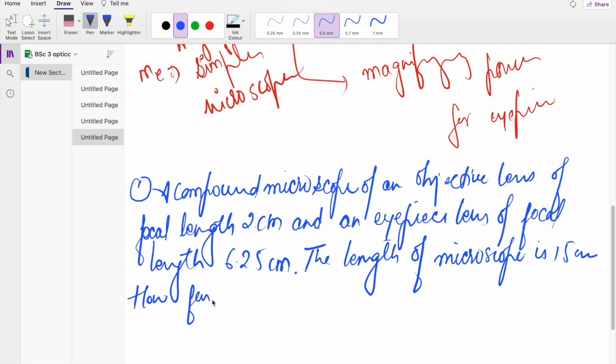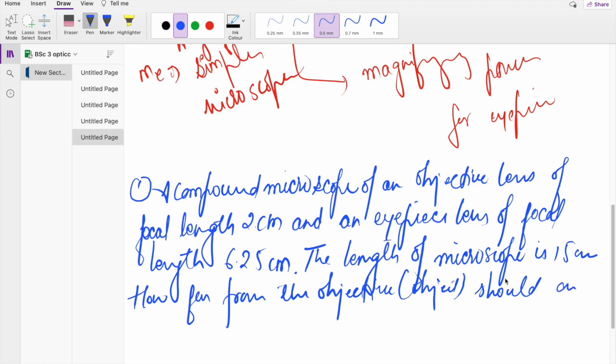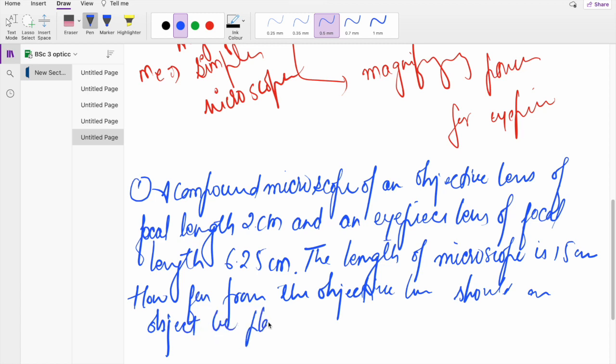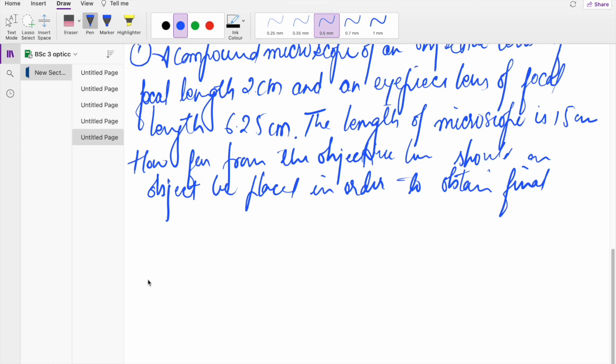How far from the objective lens should an object be placed in order to obtain the final image at D?